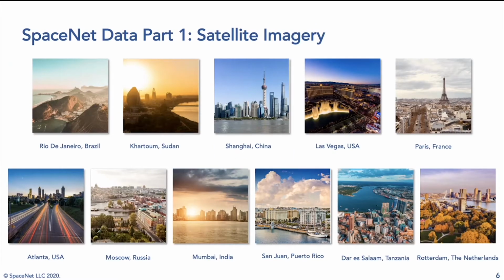So there's a pretty good data set out there now. This is a free and open source data set available on AWS. And we have a number of cities all over the world in this data set. In this case, we have 8 cities we're going to use for training and or testing here: Khartoum, Shanghai, Las Vegas, Paris, Moscow, Mumbai, San Juan, and Dar es Salaam.